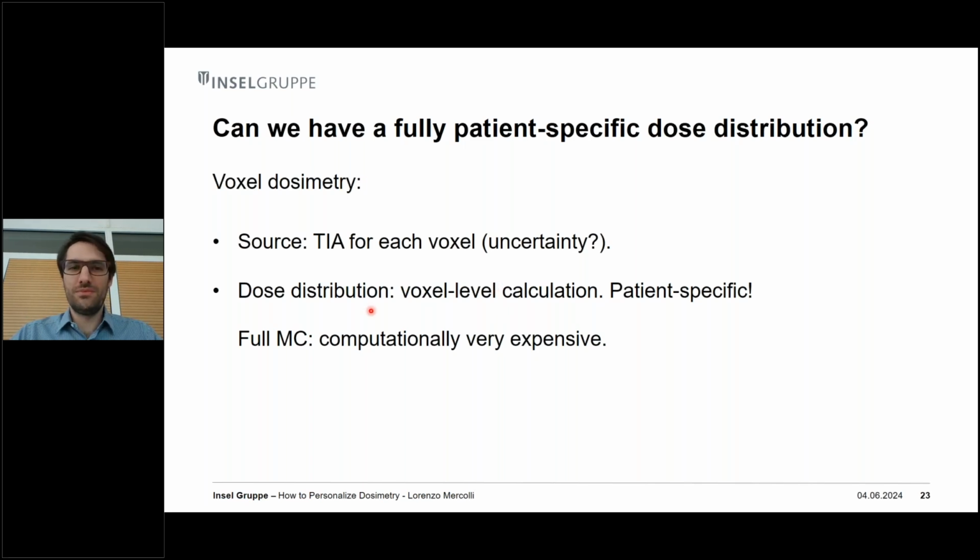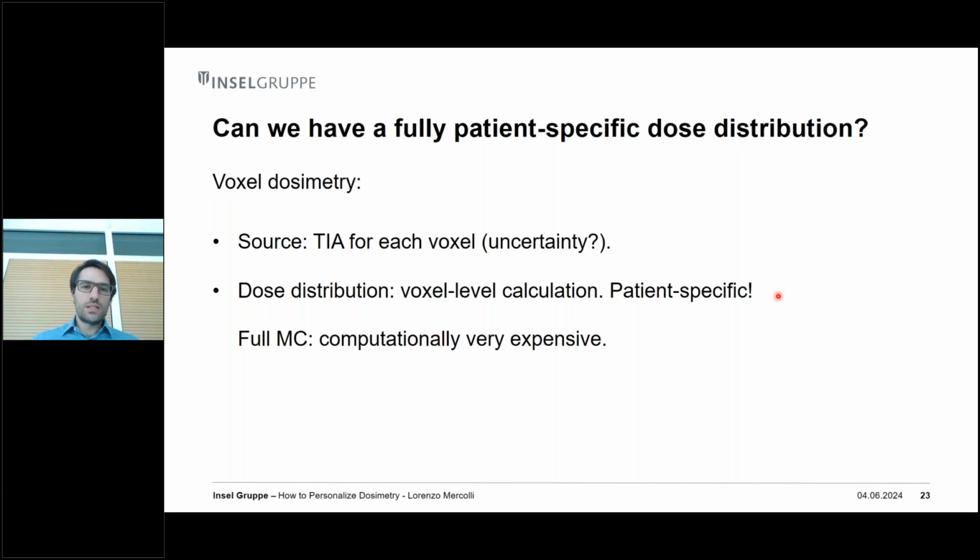So we have our image of the patient, and now each voxel has to be a target or a volume of interest for each voxel source. And this is nice because it's very patient specific. So we need the image and we compute the dose for every voxel.